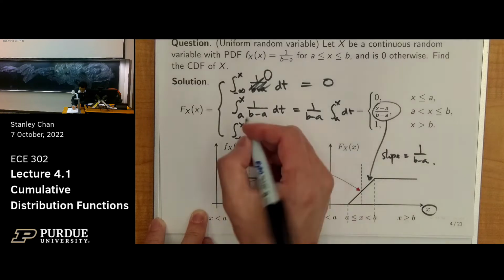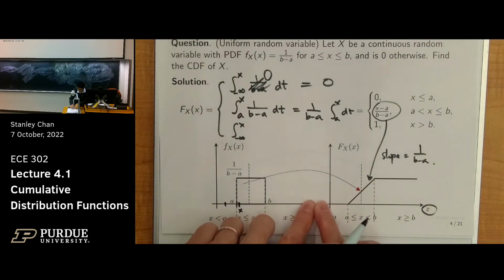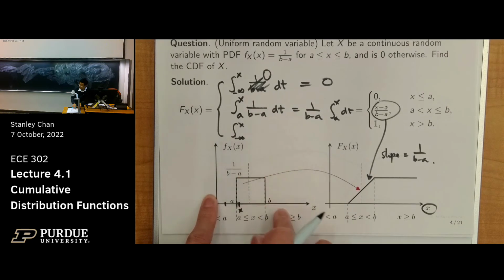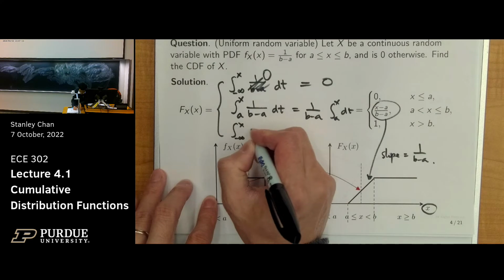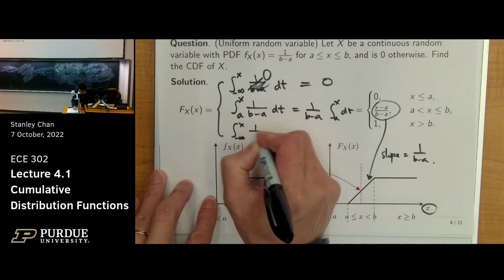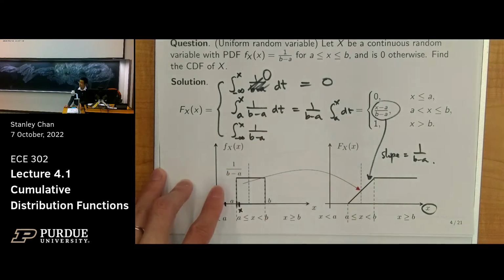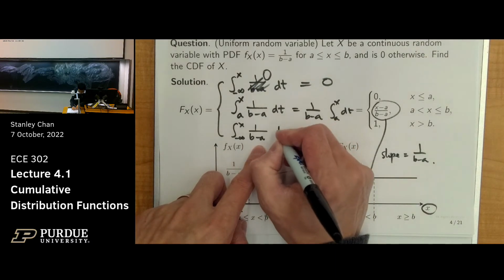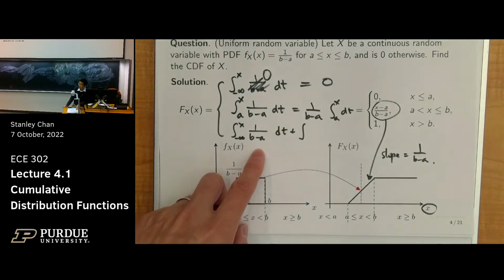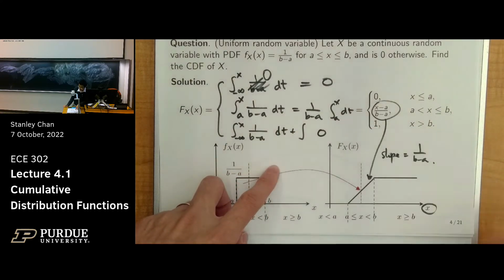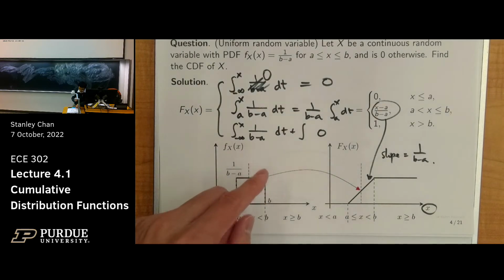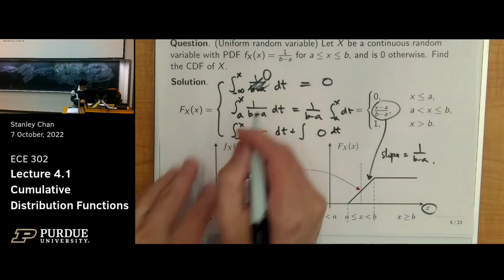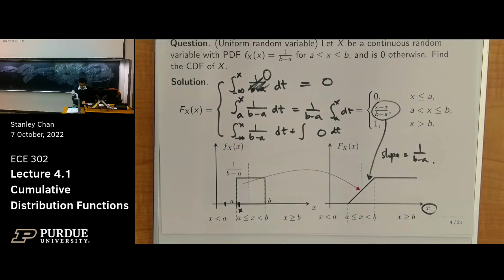Now, this integration has to go from here minus infinity, including this entire rectangular pulse. So that will be 1 over B minus A. And then there should be another thing, which is the 0. So in this case, if I want to do this integration, I need to change this upper limit a little bit because I want to chop it into 2 segments.